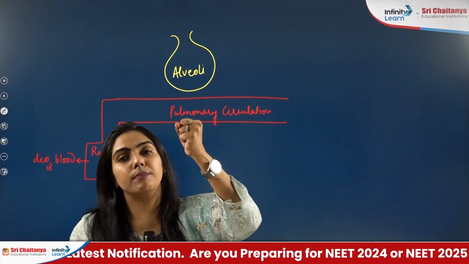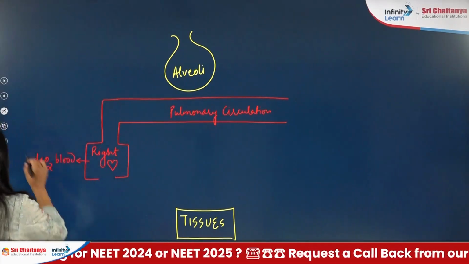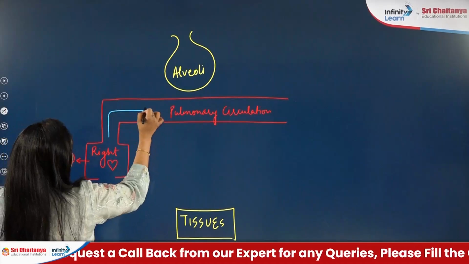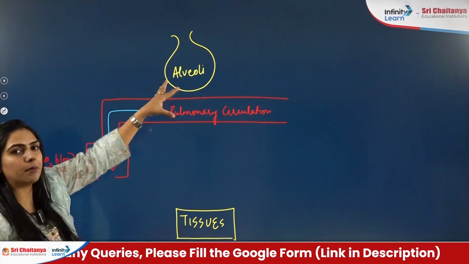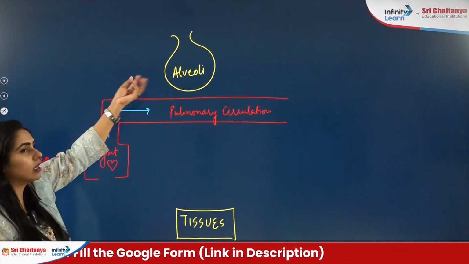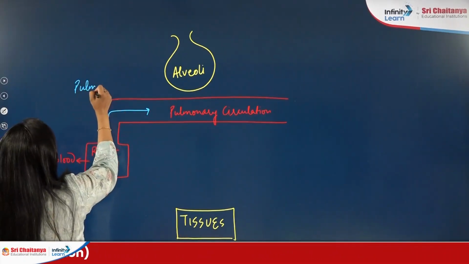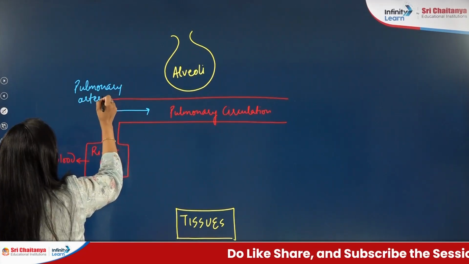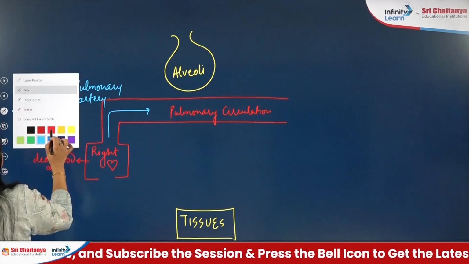When this blood is pumped to the lungs, to the alveoli. So this blood is going to come near the alveoli. How will the deoxygenated blood come out of the heart and come to the lungs? Through the pulmonary artery, right? So from the right heart.